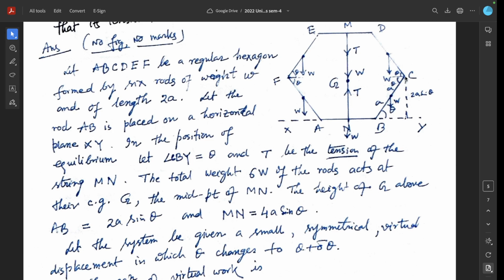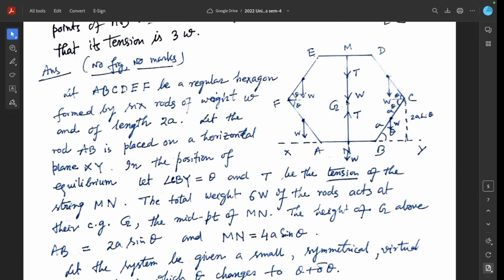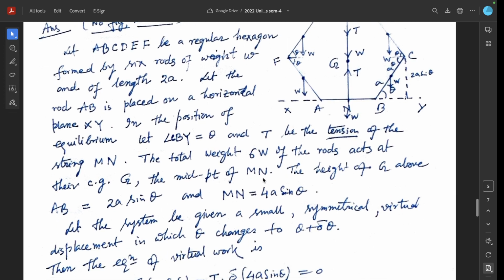From this right angle triangle, we get the height is 2a sin theta. Similarly, MG is also 2a sin theta, and so the total distance MN is equal to 4a sin theta.